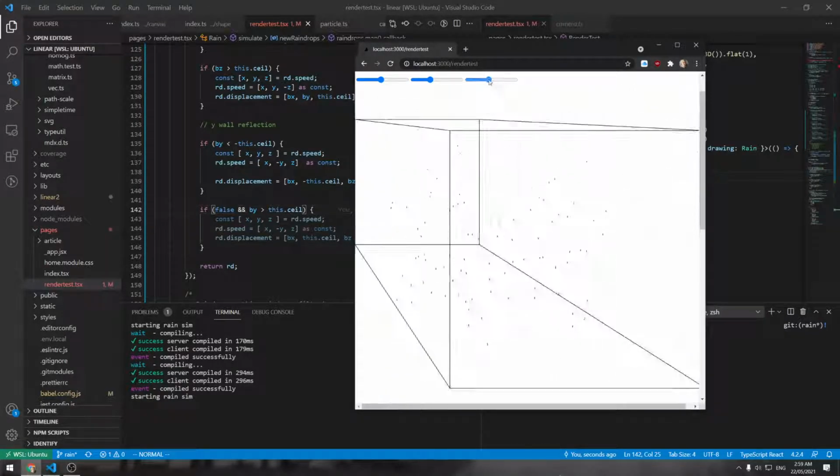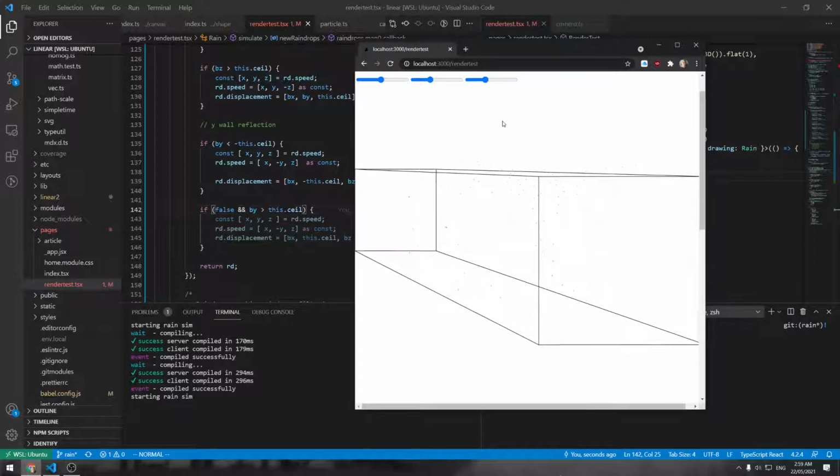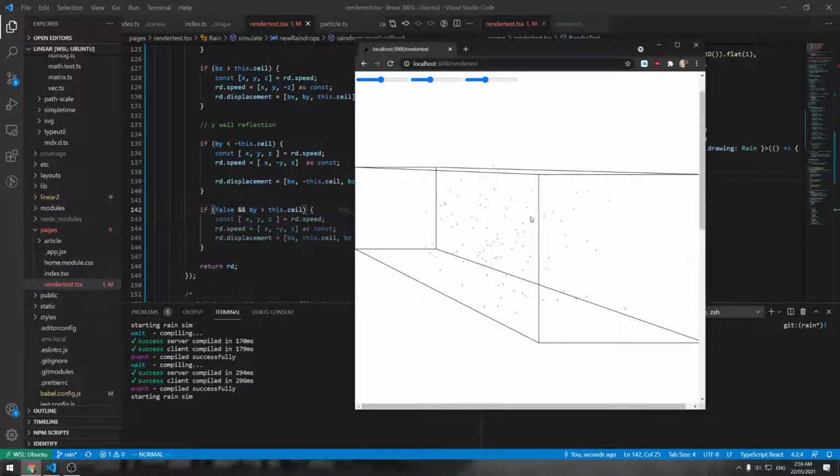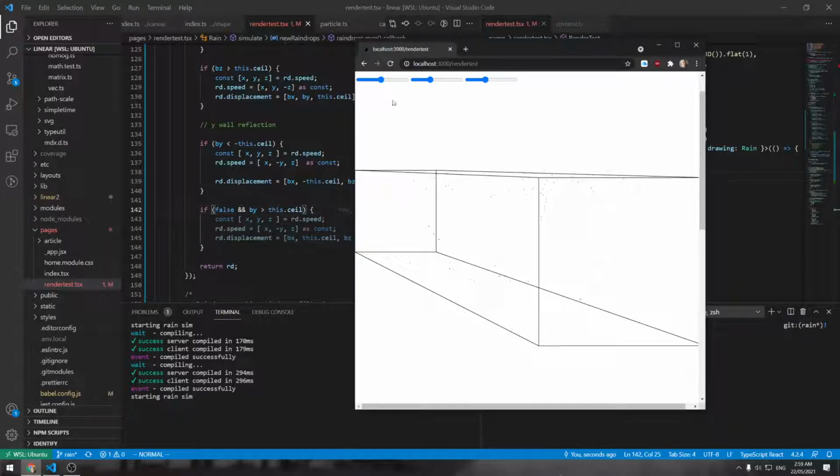The only issue is that because the canvas size is determined by the things that are being drawn inside it, you get this wiggle as the points that I'm rendering go outside of the bounds of this cube that is containing everything.